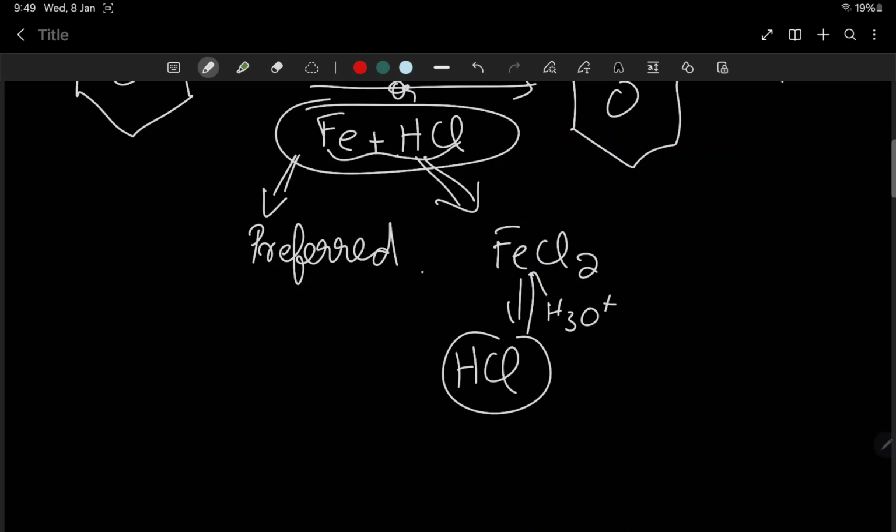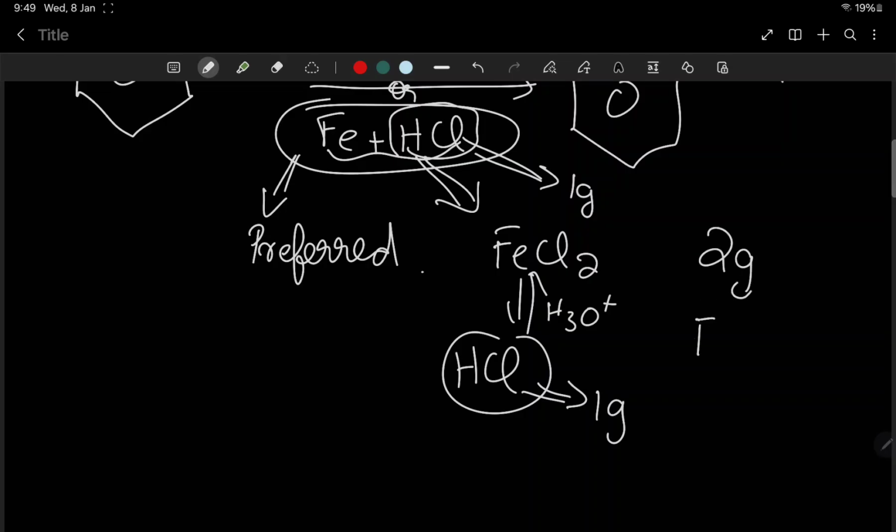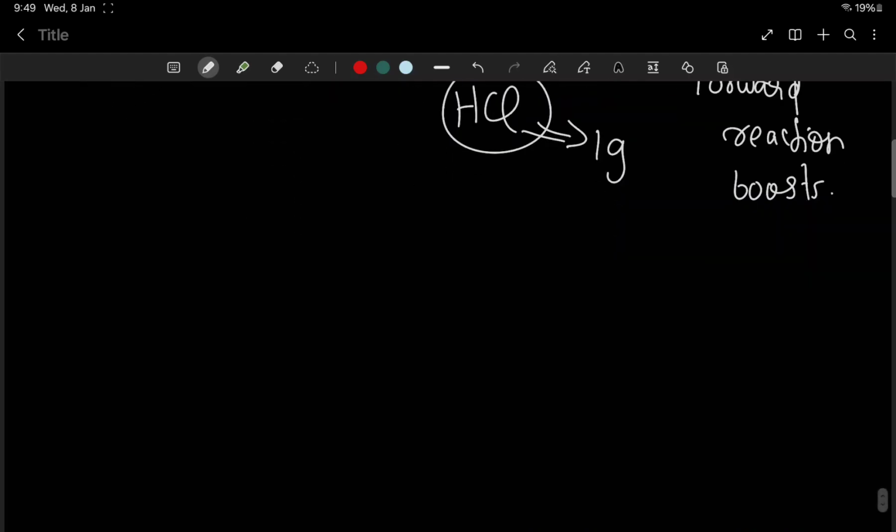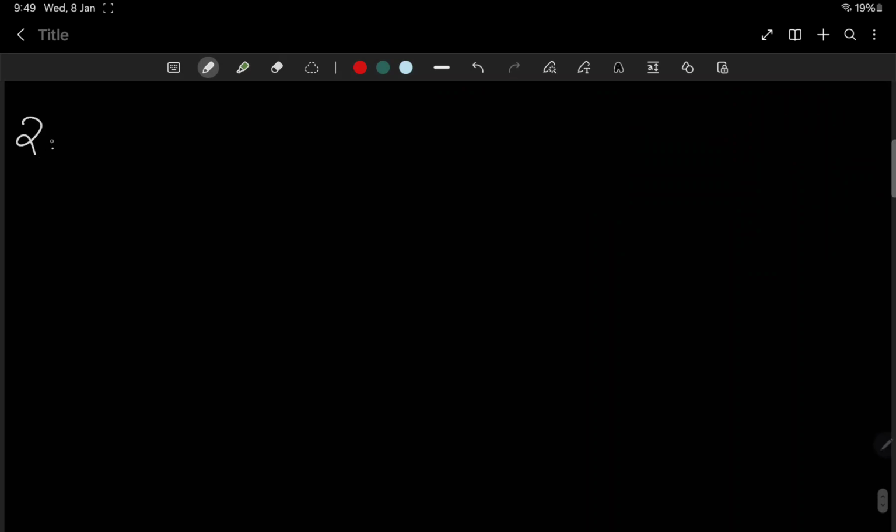So if we use very little HCl initially, say 1 gram, finally you may get 1 gram here also, so totally 2 grams of HCl is in the medium, and the forward reaction is boosted according to Le Chatelier's principle. That way Fe plus HCl is the preferred reagent. I have explained these methods very detailedly in our amines video that I posted 10 or 15 days ago, so please watch it for more clarification.